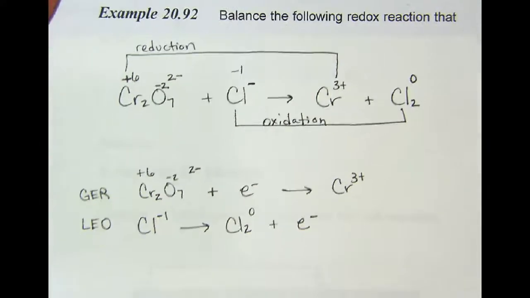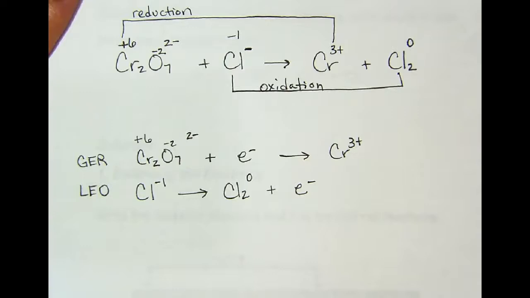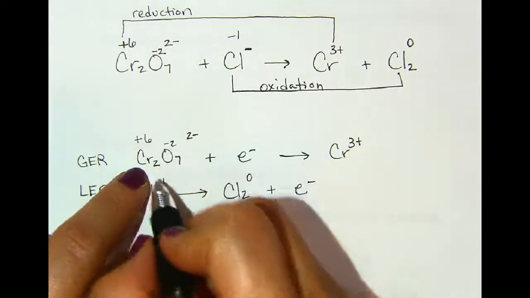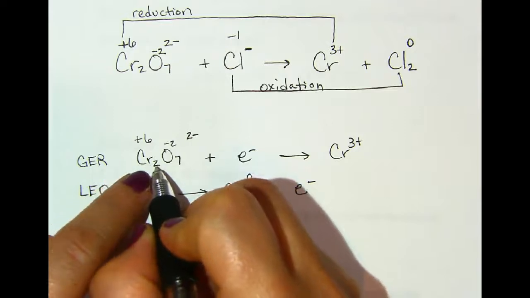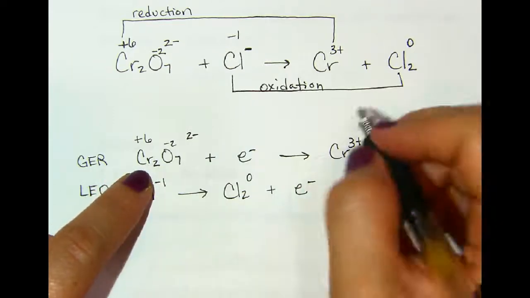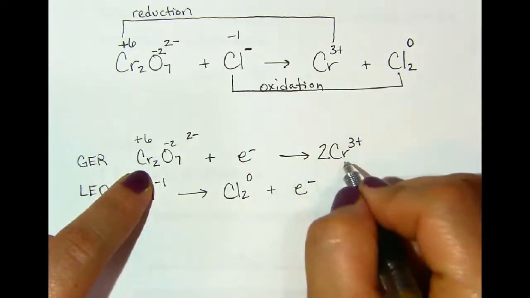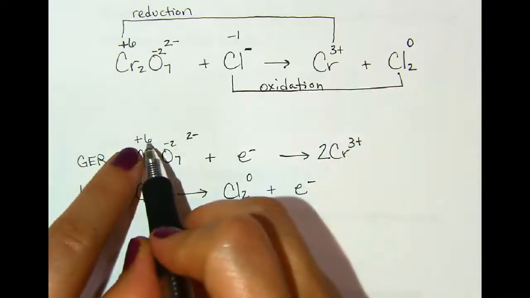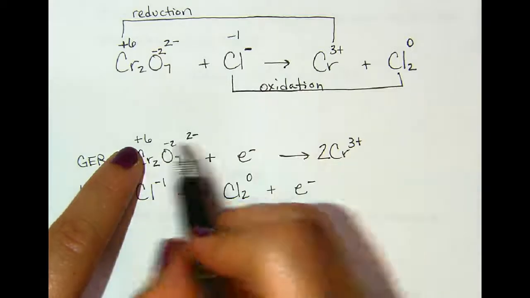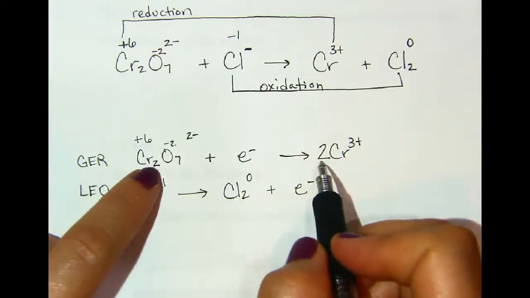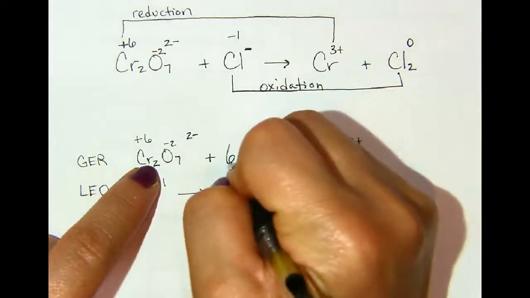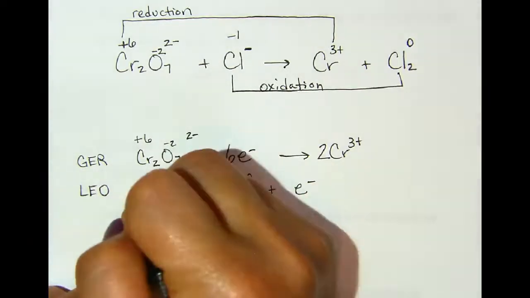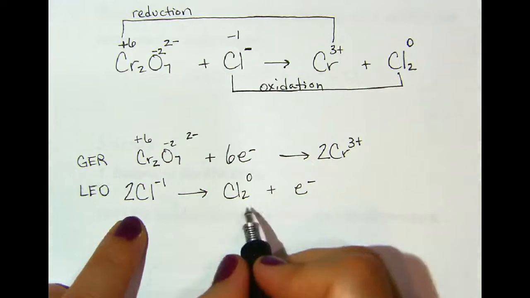Now that I have written my half reactions, I need to balance the number of electrons. Well, first I need to know how many have been lost or gained. So you see how we have Cr2? That 2 there means that I need 2 chromiums on the right side as well. So now that I have 2 of each, I'm going to find the difference between plus 6 and plus 3, which is a difference of 3. 3 times 2 chromiums equals 6 electrons transferred. Here, because there's a 2 subscript there, that means I need to balance this by putting a 2 coefficient here.